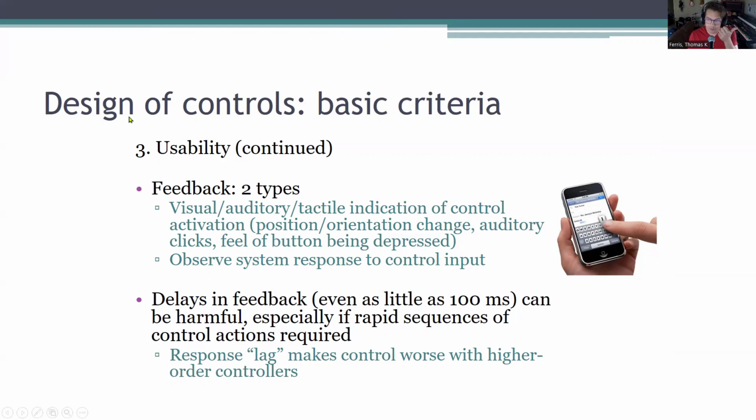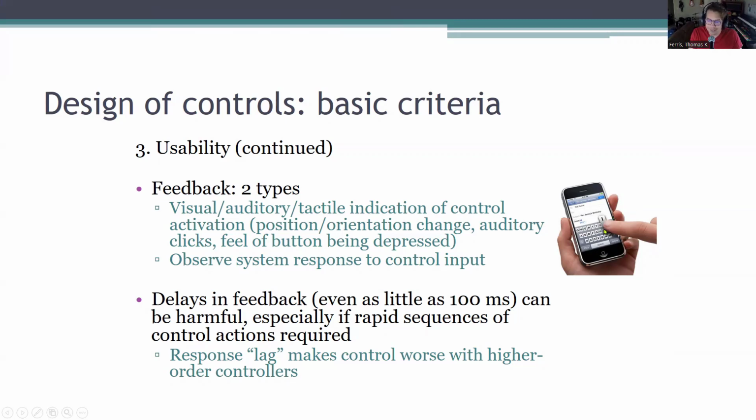So I need both the controller to tell me your control input has been received, and I need the system to show me that from my control input, the system is changing in the way that I intended.